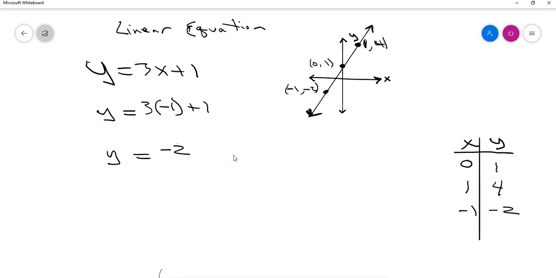These equations in this section in your book, we're going to focus on ones that are in this form here, where you have y equal to something times x plus something. Now, they don't have to be in that form. We could move stuff around, but I don't want to focus on equation solving.